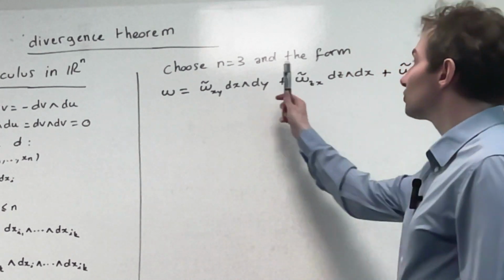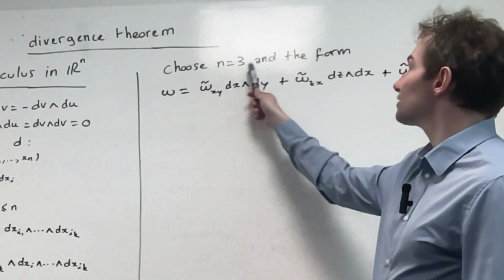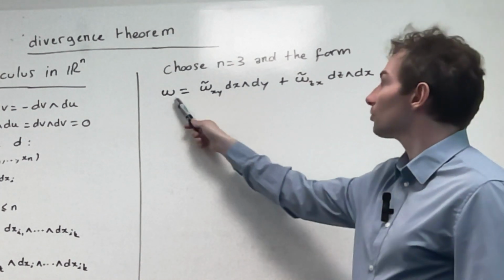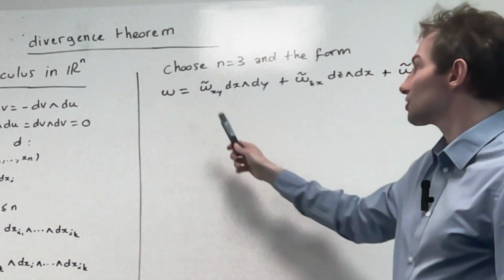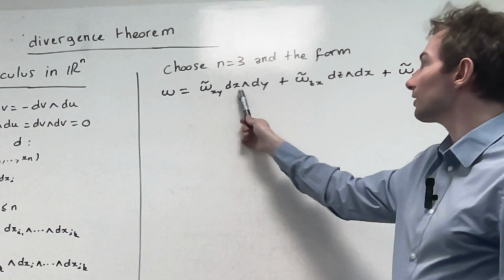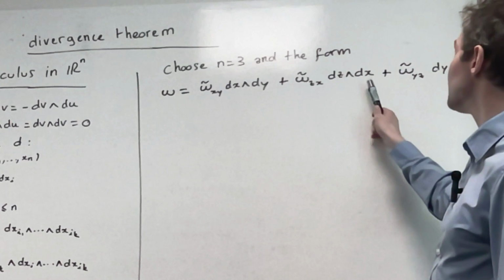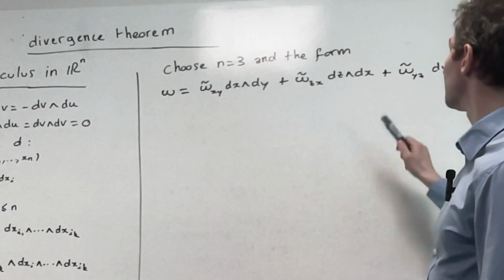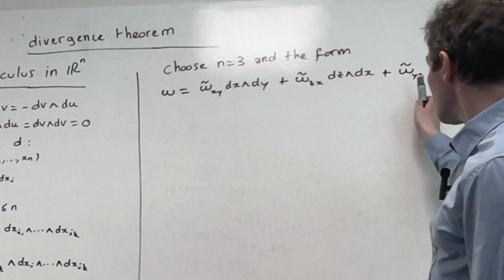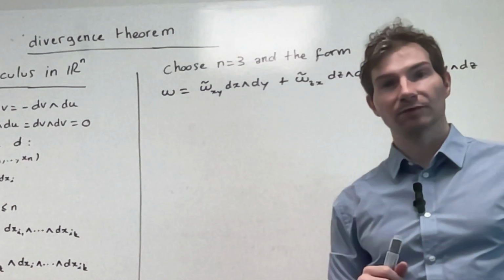So what we want to do here is basically we choose n is equal to 3 and a form that we are going to write like this. So omega tilde xy dx dy plus omega tilde zx dz wedge dx plus omega tilde yz dy dz. Okay.